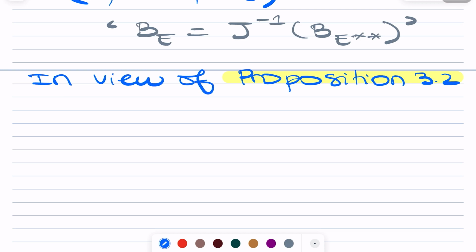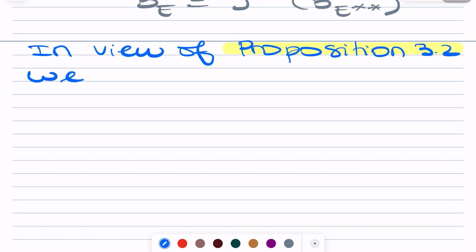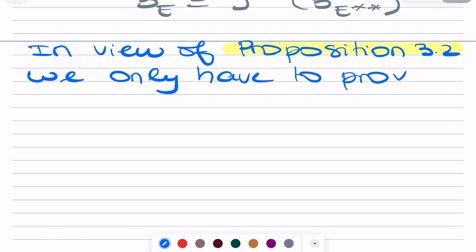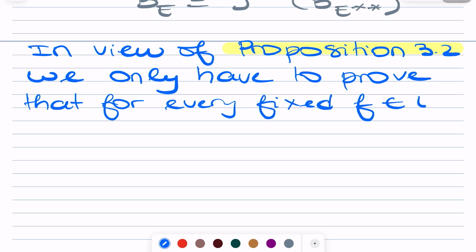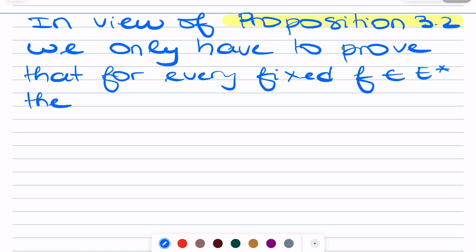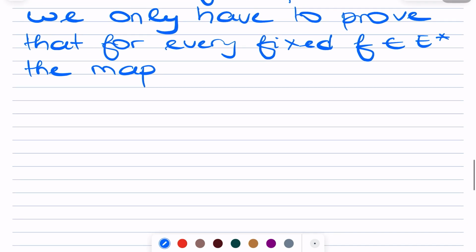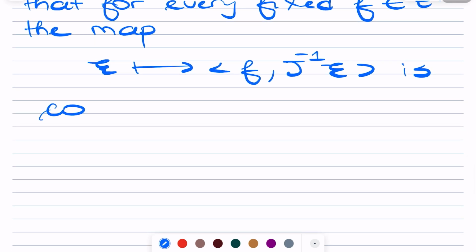So in view of proposition 3.2, in order to show that J minus 1 is continuous, we only have to prove that for every fixed f in the dual space, the map which at xi associates the dual pairing with f is continuous on E star star in this topology.